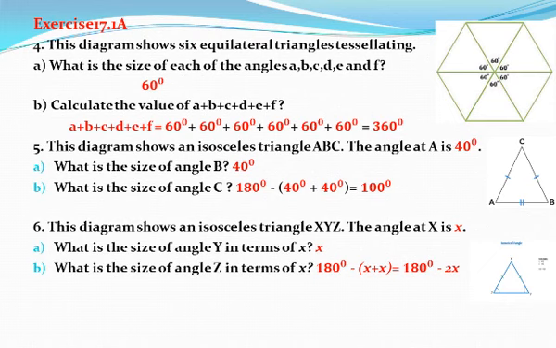It is an isosceles triangle, so the two sides are equal, and the corresponding angles are equal. X is x, then Y is x. What is the size of angle Z? Angle Z is 180 degrees minus angle X minus angle Y. So we can write 180 degrees minus (x plus x). It is 180 degrees minus 2x.